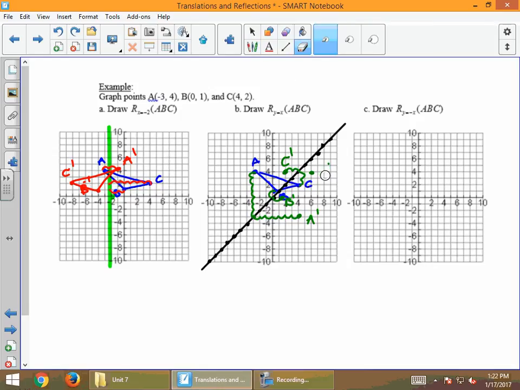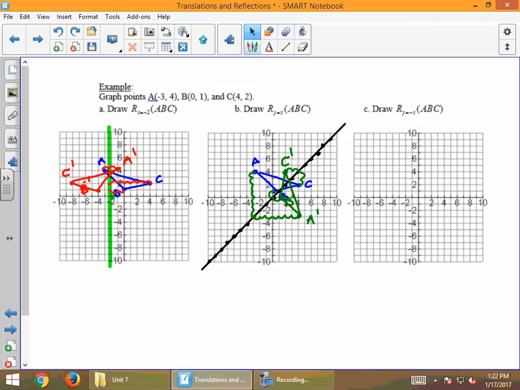So that doesn't work. And once you do that with all 3 points, you just connect. So all you're doing is counting, you're just changing directions when you count.